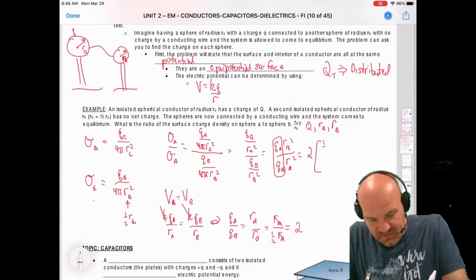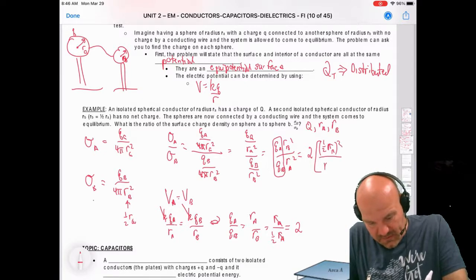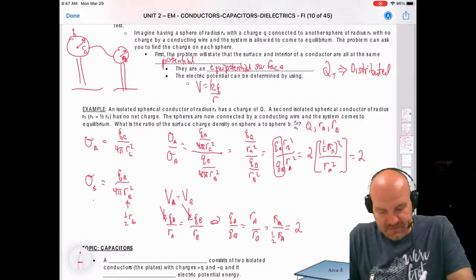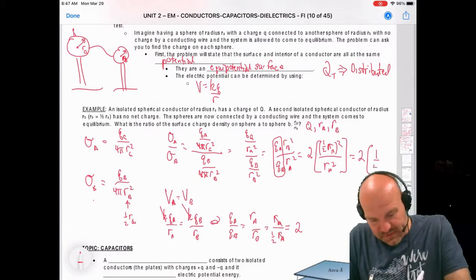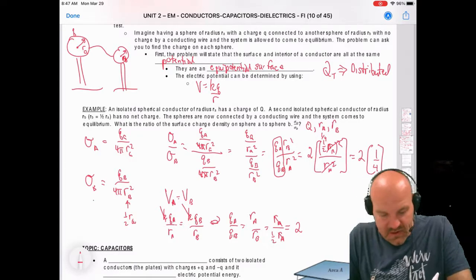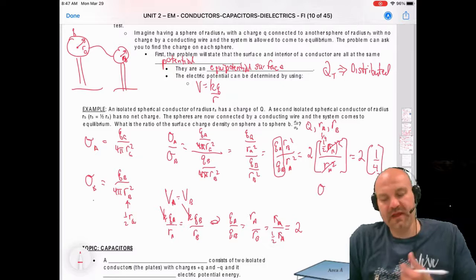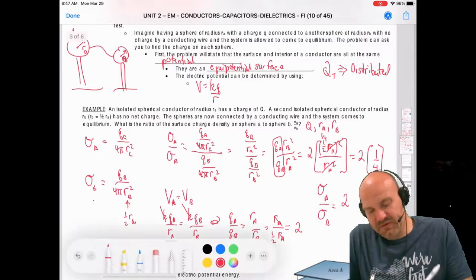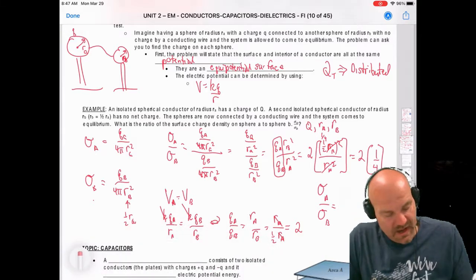I get 2, and RB is 1/2 of RA, but here I'm going to square those, so I get 2 times 1/4. RA squared over RA squared cancels out. So my ratio of sigma A to sigma B is going to be not 2, but 1/2.